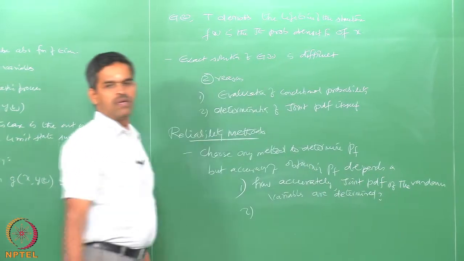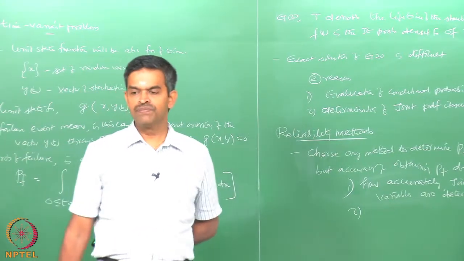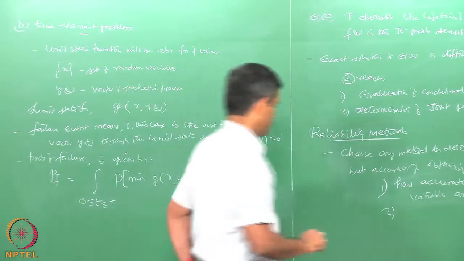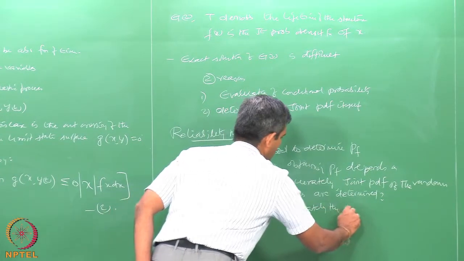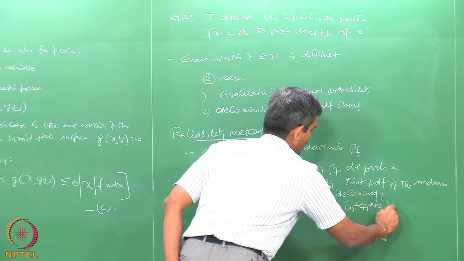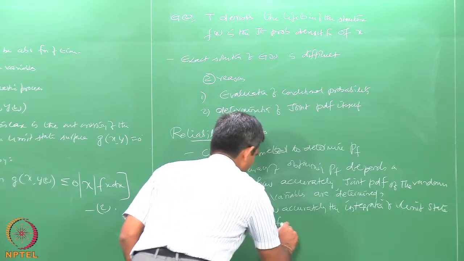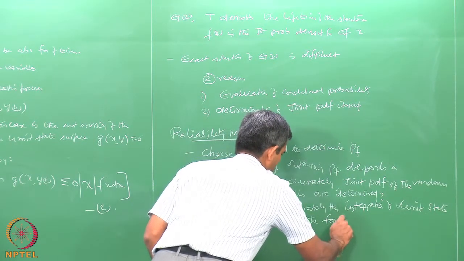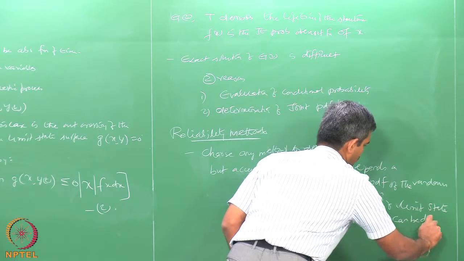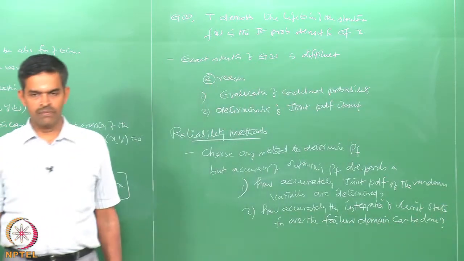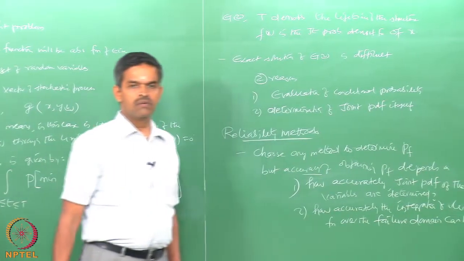That is first. Second, how accurately the integration of the limit state function over the failure domain can be evaluated. So, two critical factors will govern the accuracy of a reliability method.